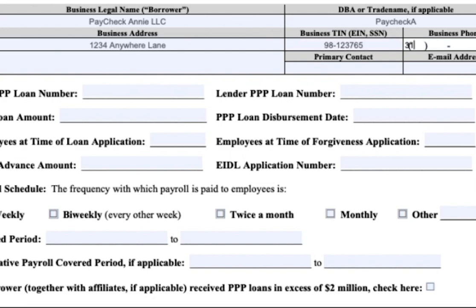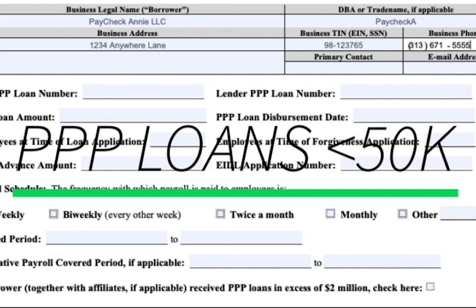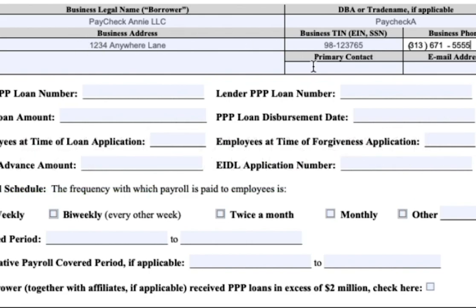Now, this form only can be used for individuals or businesses that received a PPP loan less than $50,000. So you're the only one that's eligible for this form. If you have a PPP loan and you receive $50,000 or less. If you receive more than $50,000, you cannot fill out this form, okay?